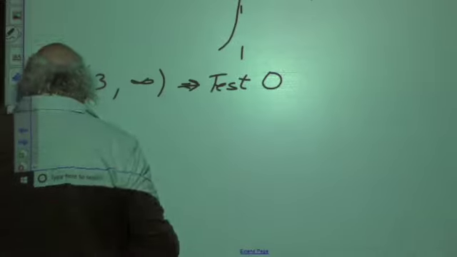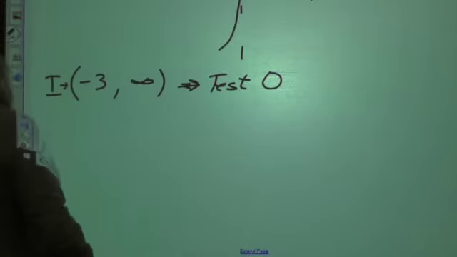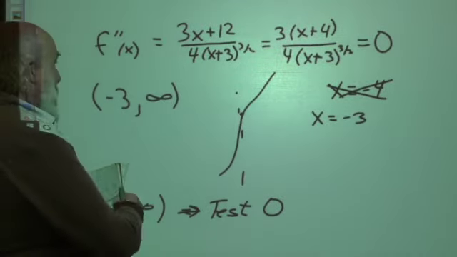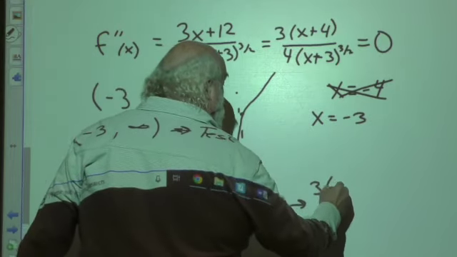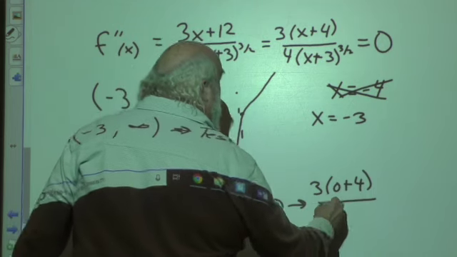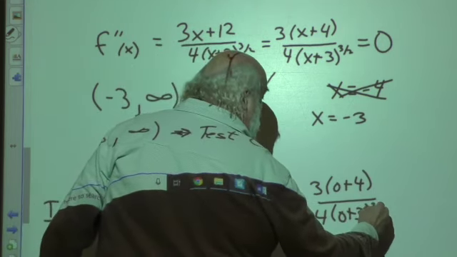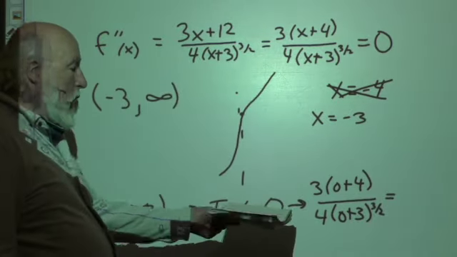So I go back to my final equation for the second derivative. And so that's going to be 3 times 0 plus 4 over 4 times 0 plus 3 to the 3/2 power. So it's going to be 12 over whatever that is.